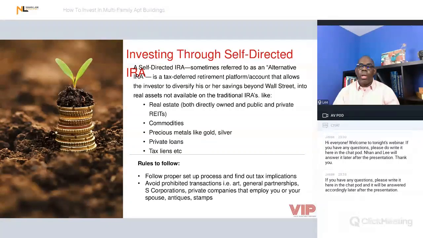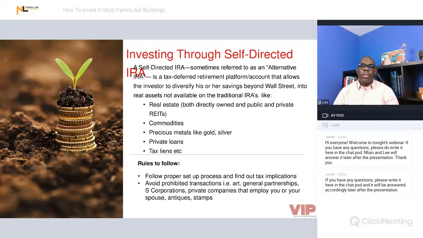There are other investment vehicles you could use, such as a solo 401k or a QRP. There are a number of different vehicles based on your situation, and this is going to be on a case-by-case basis.